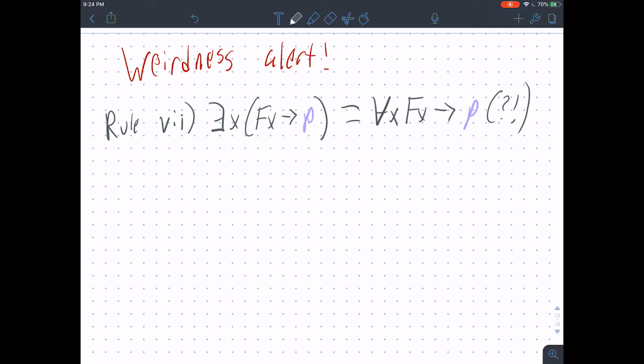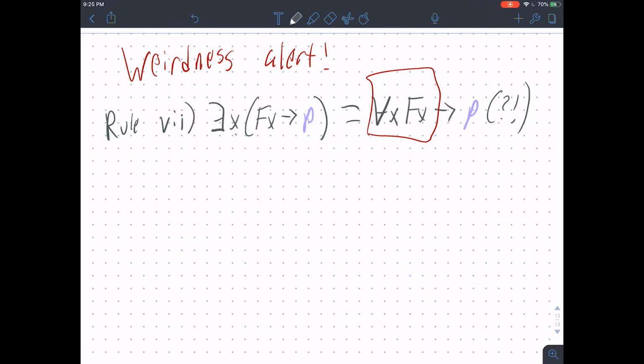Okay, so if we have a conditional governed by an existential quantifier where the antecedent of that conditional has all of the occurrences of the variable that's bound by that quantifier, right? If we want to move the existential quantifier in, it transforms into a universal quantifier. I promise you it actually does. And so this is weird.